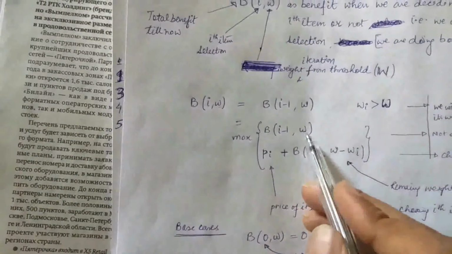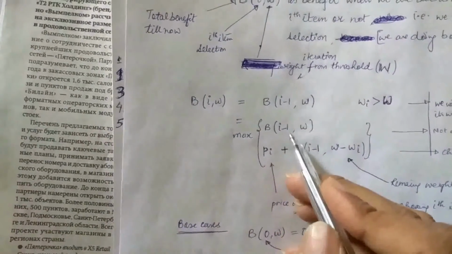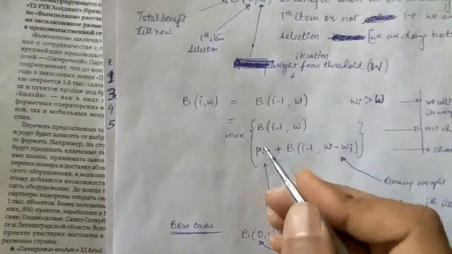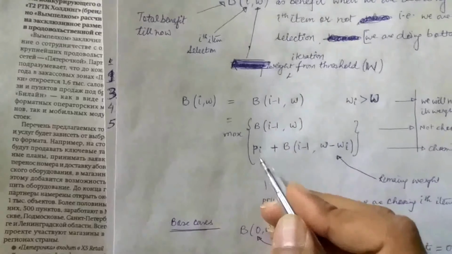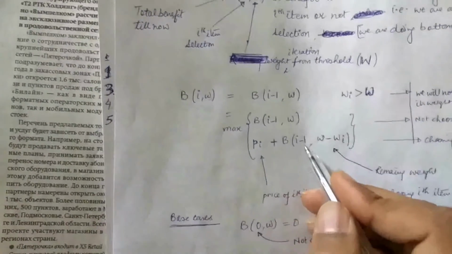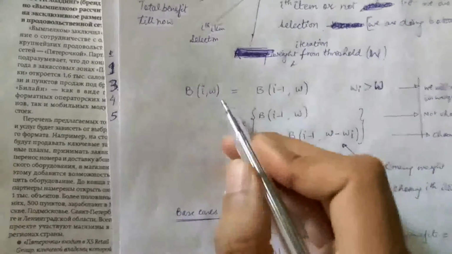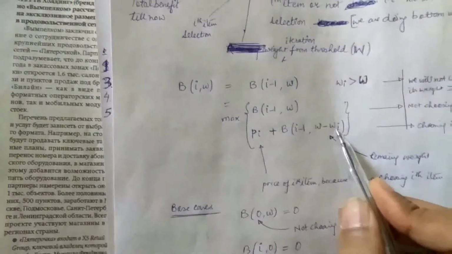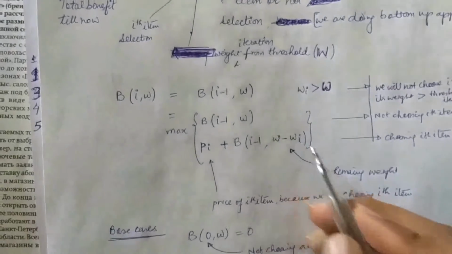If we are not choosing this item, this value comes from the previous i minus 1 iteration. In the case that we are choosing this item, the value of the i-th item is pi plus B of i minus 1. Now we are already including this i-th item, so the weight now becomes w minus wi.